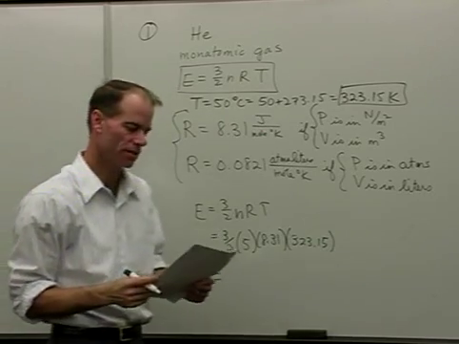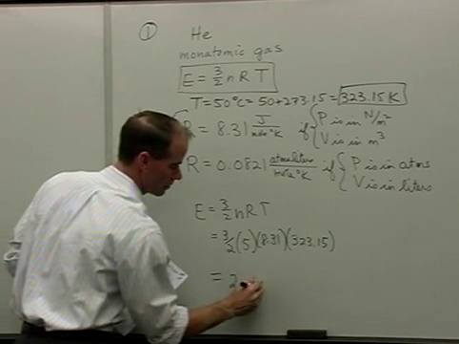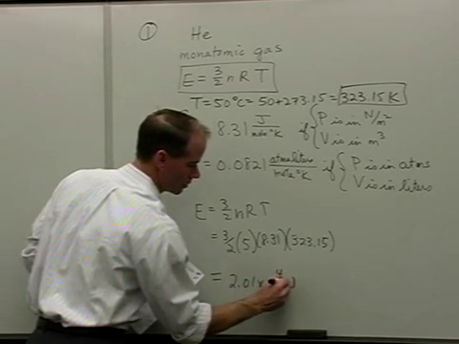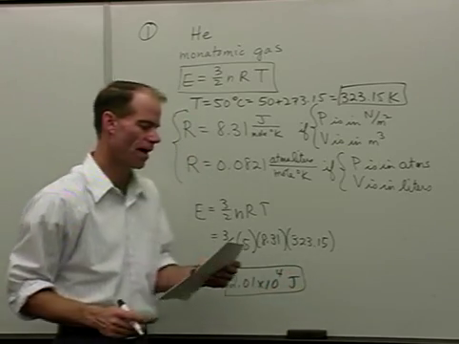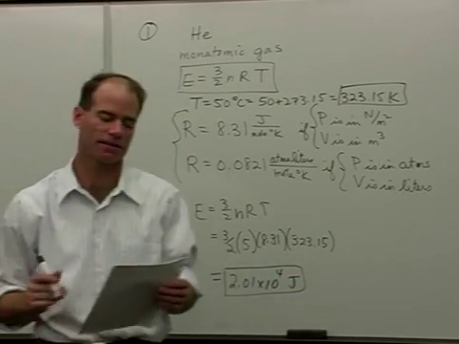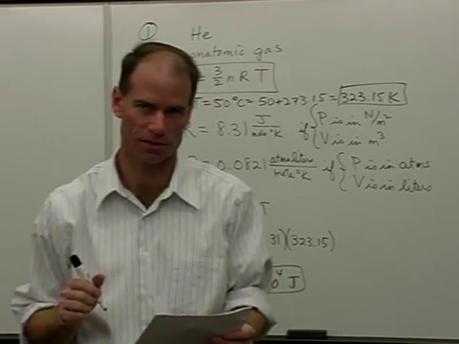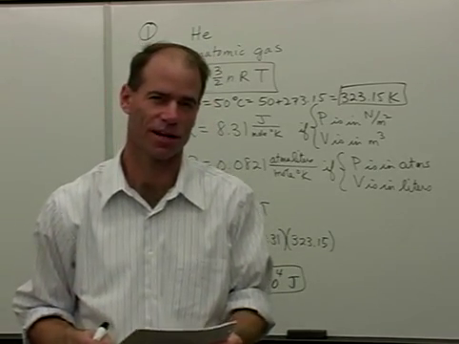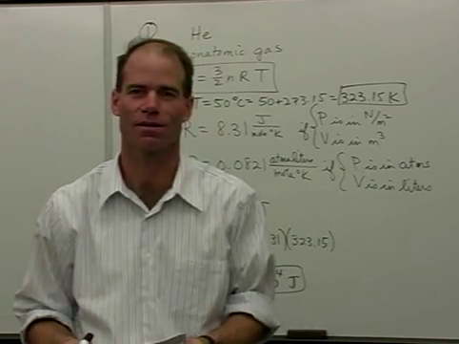And when I multiply all those out, I get 2.01 times 10 to the 4 joules. And so that is the energy of 5 moles of our ideal gas. I'll note that the volume of 1 cubic meter that was given in the problem is extraneous information. To solve this, we didn't need to know that volume.